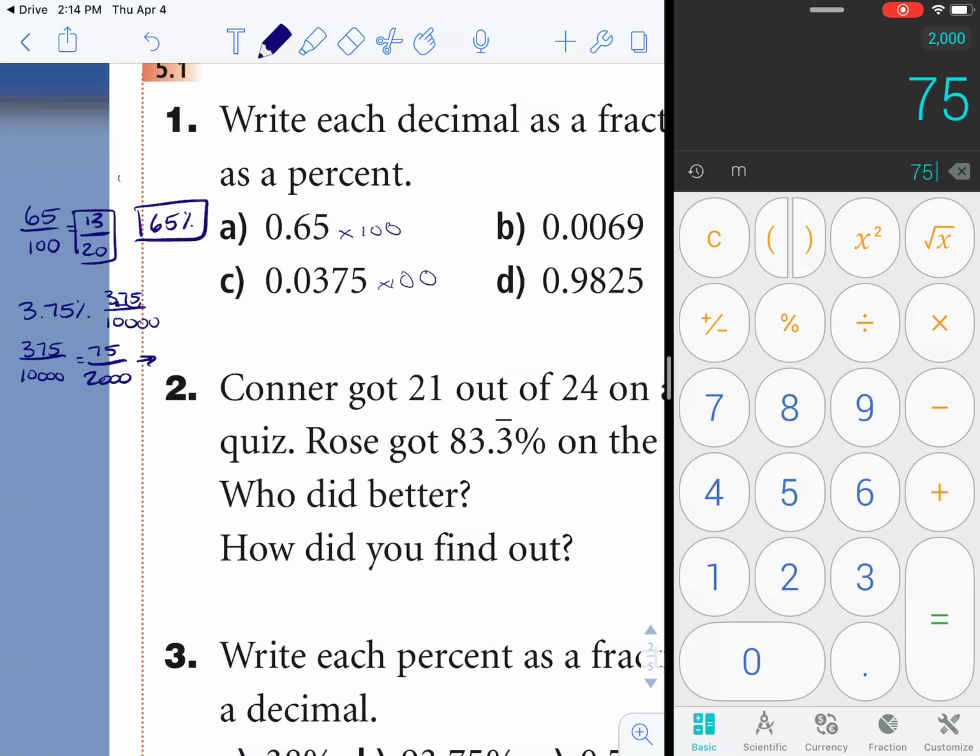Reduce that again. 75 divided by 5, 15. 2,000 divided by 5 is 400. You can divide this by 5 again, and you get 3 over 80. And that's a prime number. So we can check to make sure our percentage is correct. There it is.